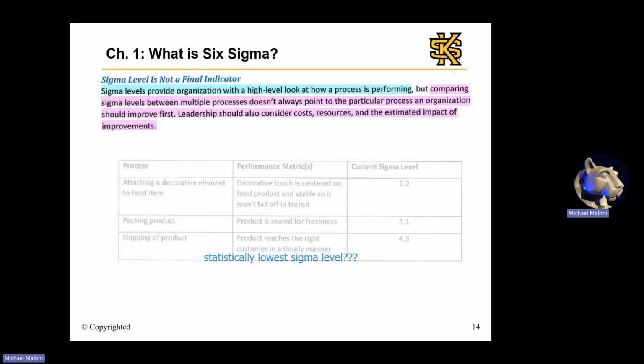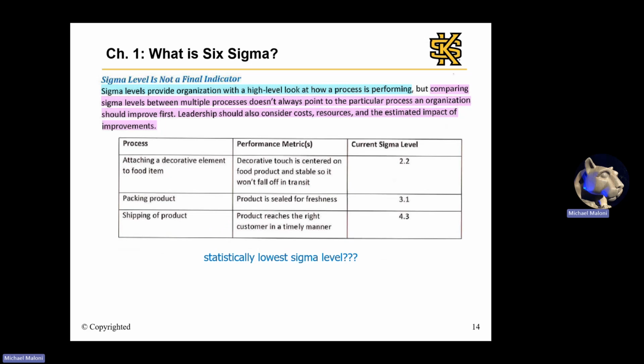And they provide some examples of different opportunities. And they say that organizational leadership should also consider the cost and resources needed to improve a particular process versus the estimated impacts of improvements to the process, including cost reductions and/or profit improvements relative to customer satisfaction.